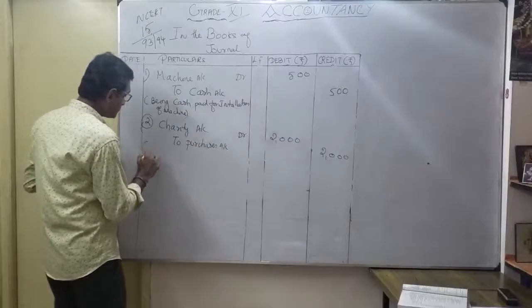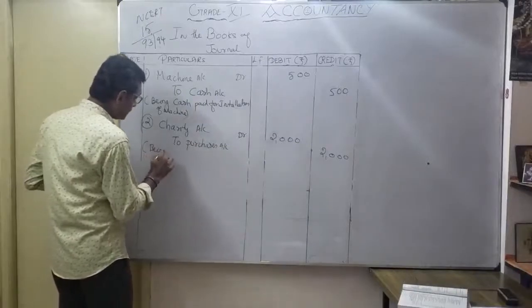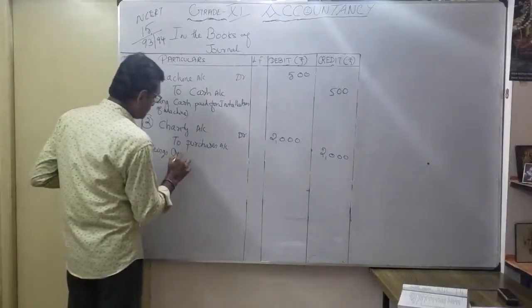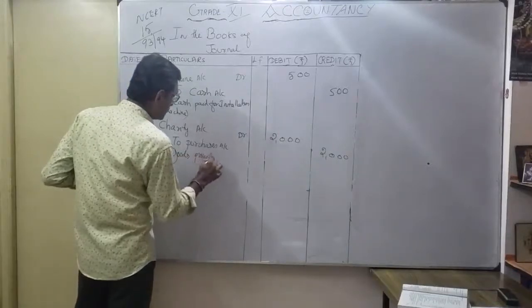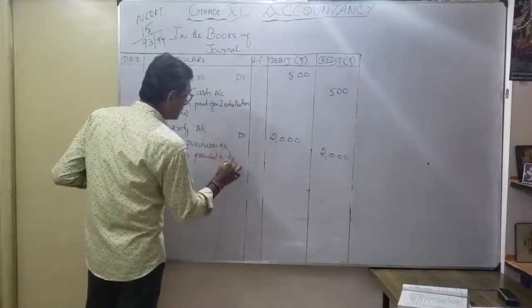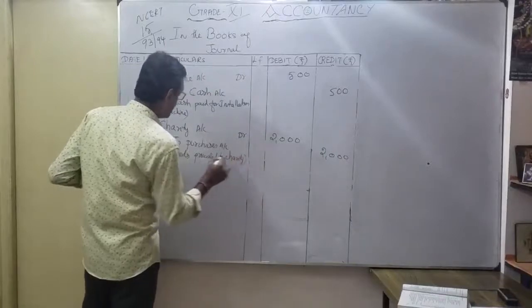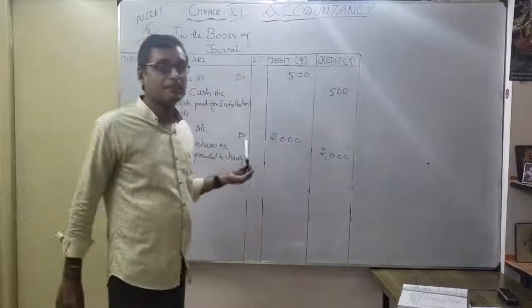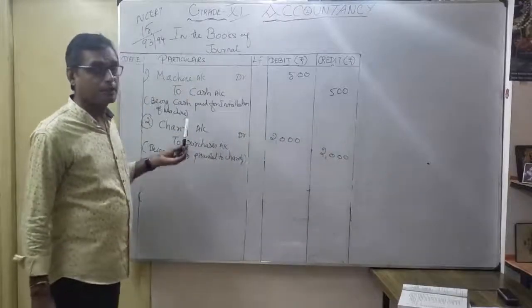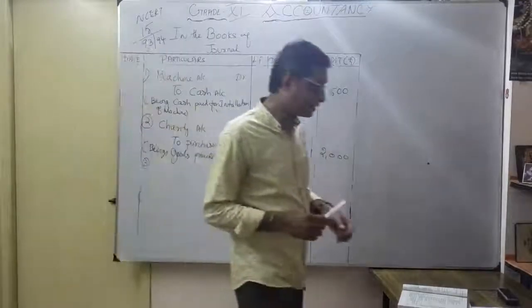Narration: being goods provided to charity. Okay, that's all. That's our third entry. One of the best examples about goods provided for charity, how to record the transaction, now we understood.